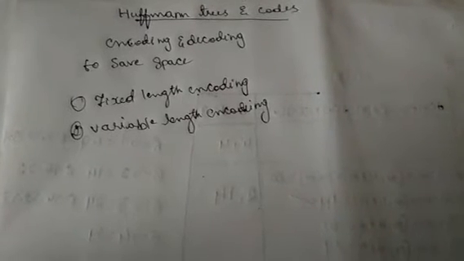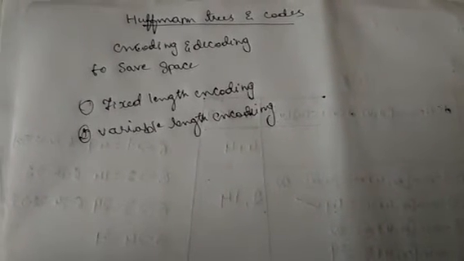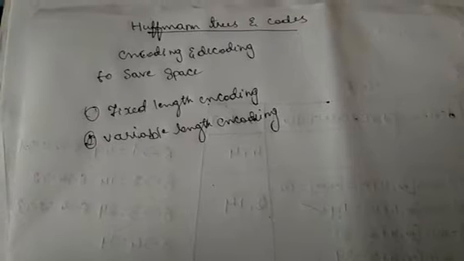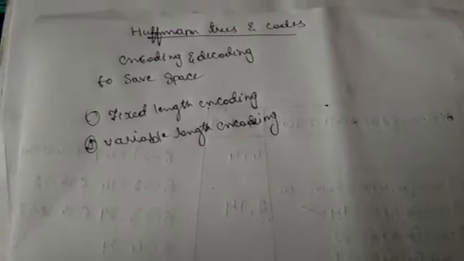You always have to remember that in both fixed length encoding and variable length encoding, the code will be stored in the form of a table, and then it will be converted into a tree.